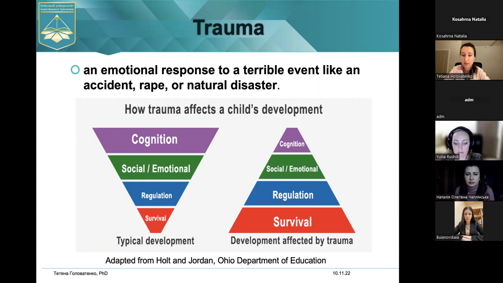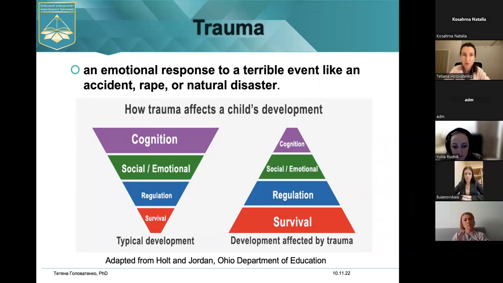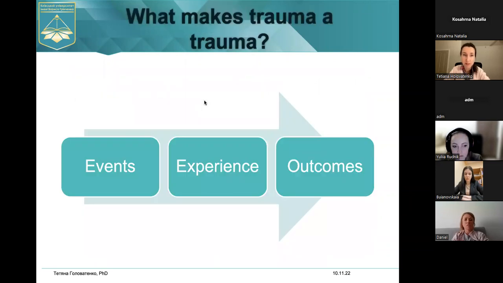And the next thing I wanted to discuss with you is what makes trauma a trauma. First, there should be events that influenced a person. However, not all events become trauma. For one person, things can become trauma, and for another person, it will not.